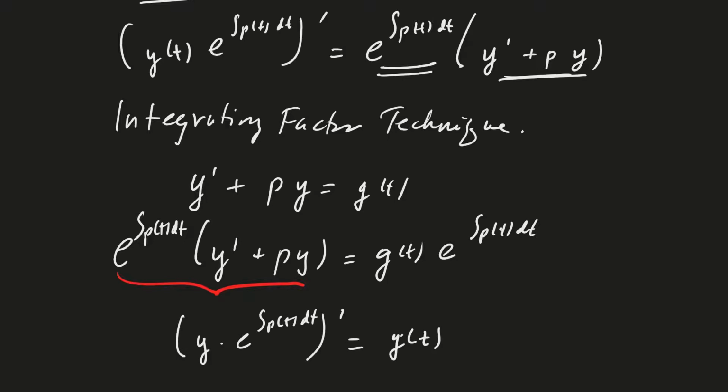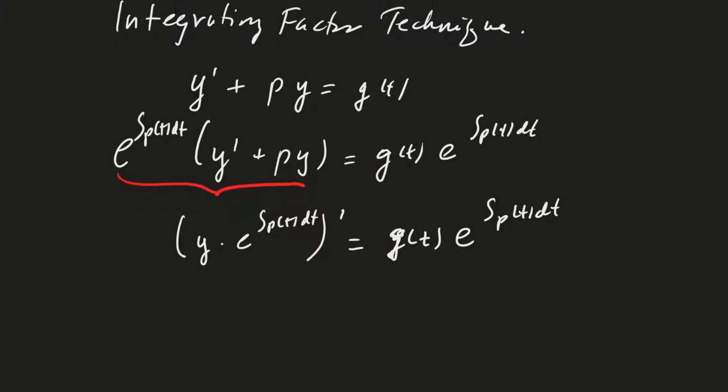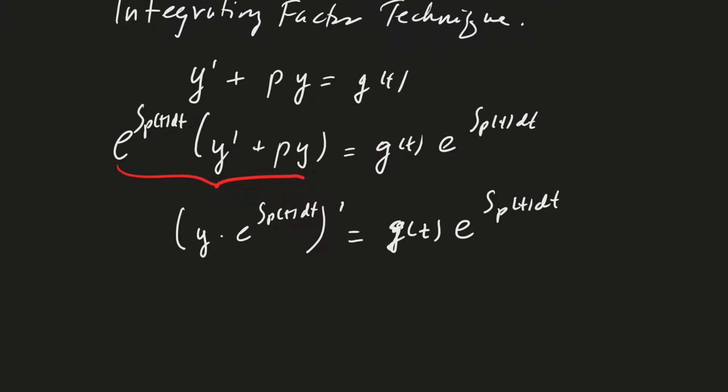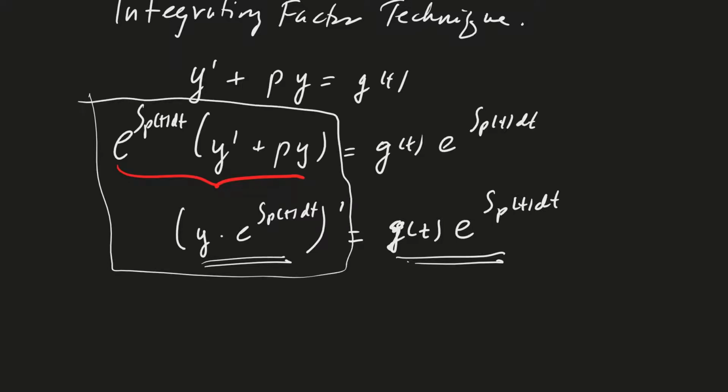And this computation is why we use an integrating factor, because at this stage, we now have that the derivative of an expression is a function of t. This is the critical step in solving these problems.